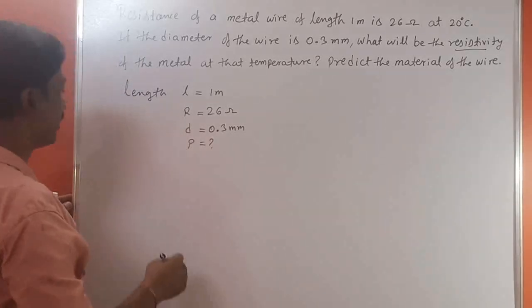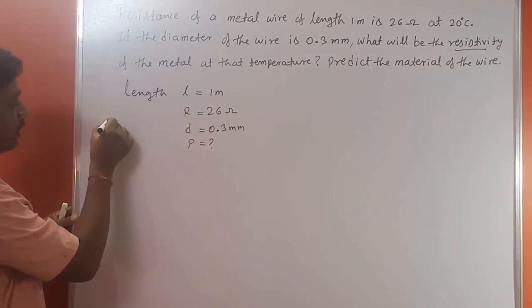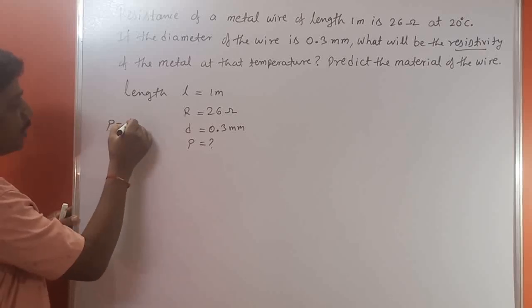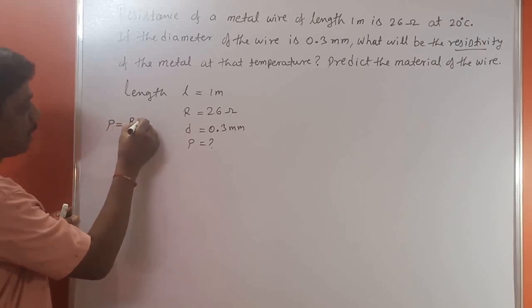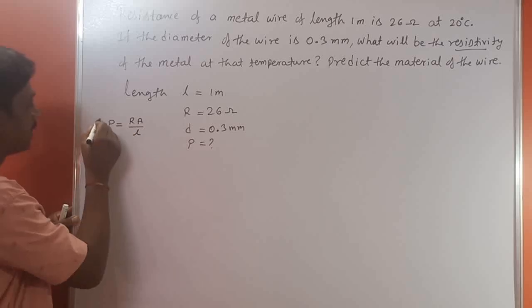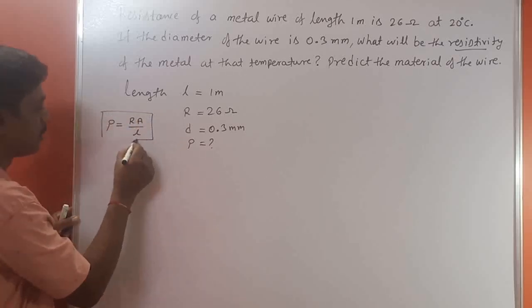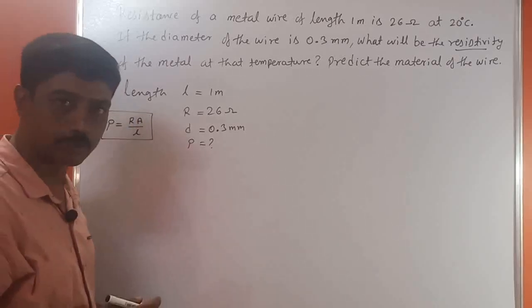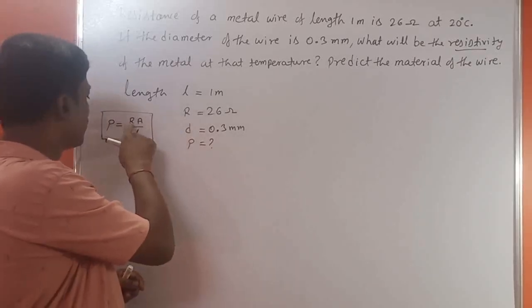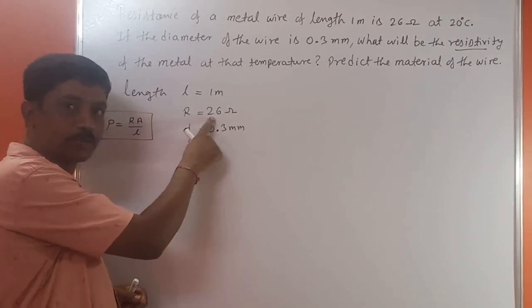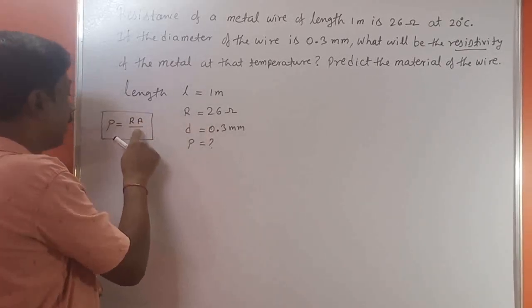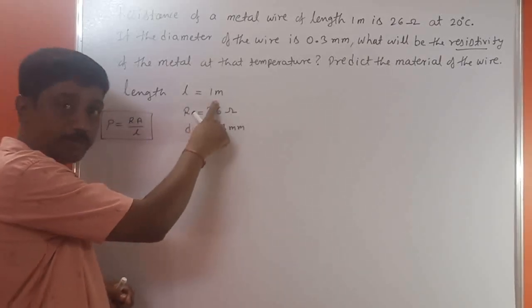You know that very well, that the resistivity is equal to resistance into area of cross section by the length of the wire. So this is the formula that you are going to utilize. So resistance is 26 ohms. Length is 1 meter.